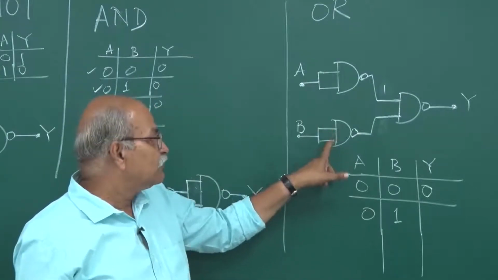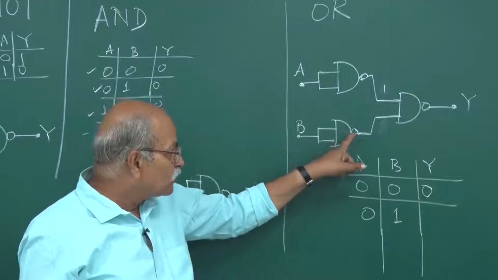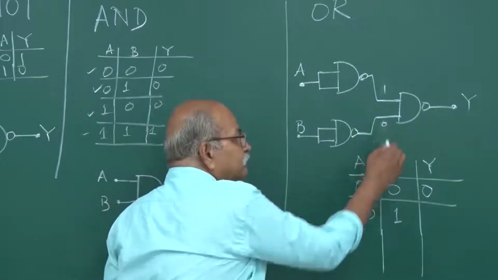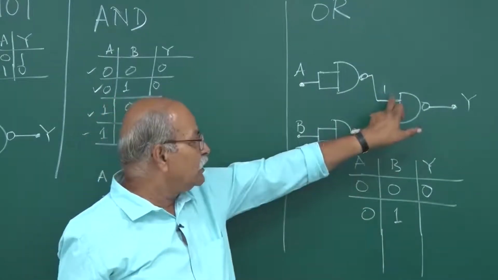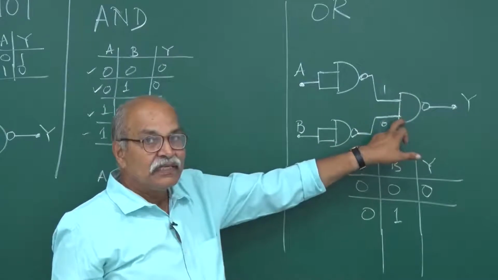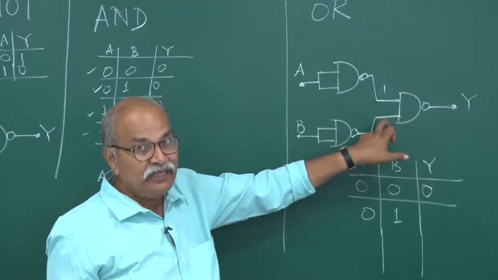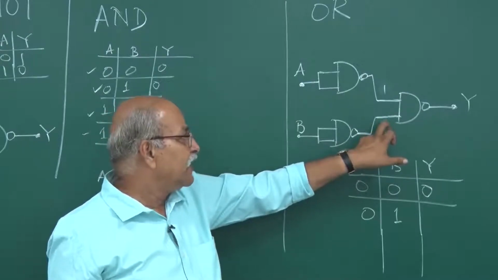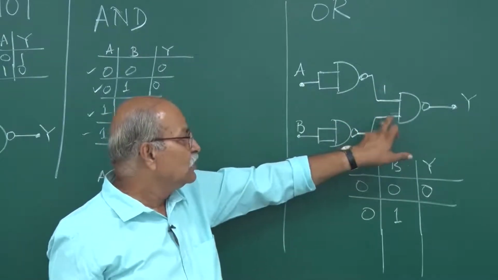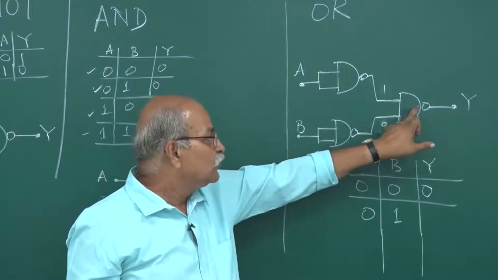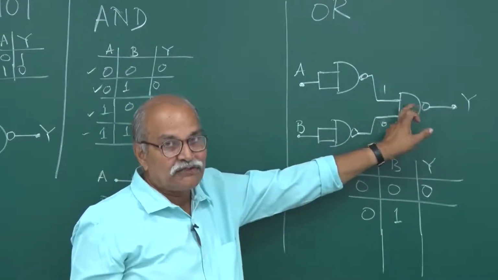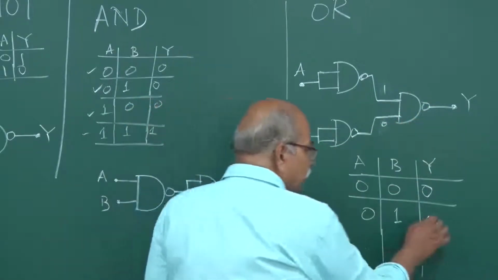AND of 1 and 1 is 1. NOT of that is 0. So this is 0. And this 1 and this 0, AND of 1 and 0 is 0. Remember. So here it is 0. And then NOT of that. NOT of 0 is 1. So this becomes 1.